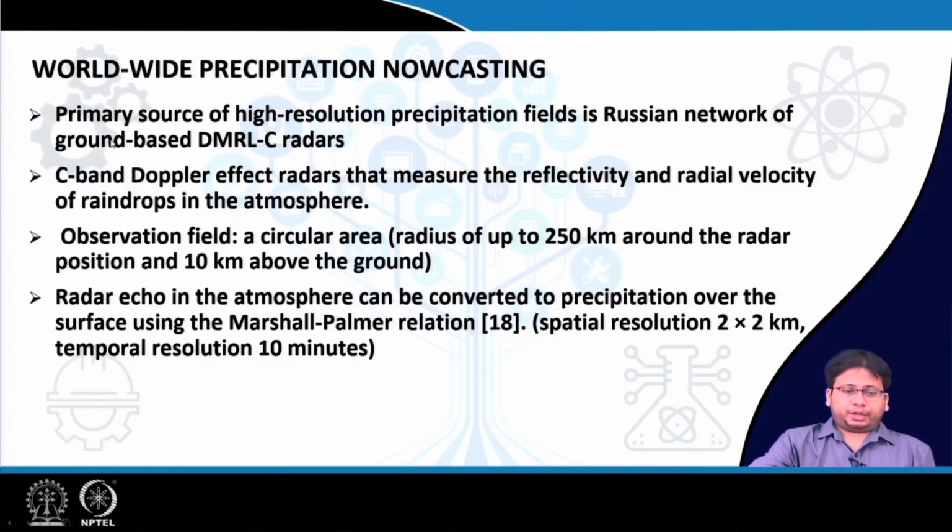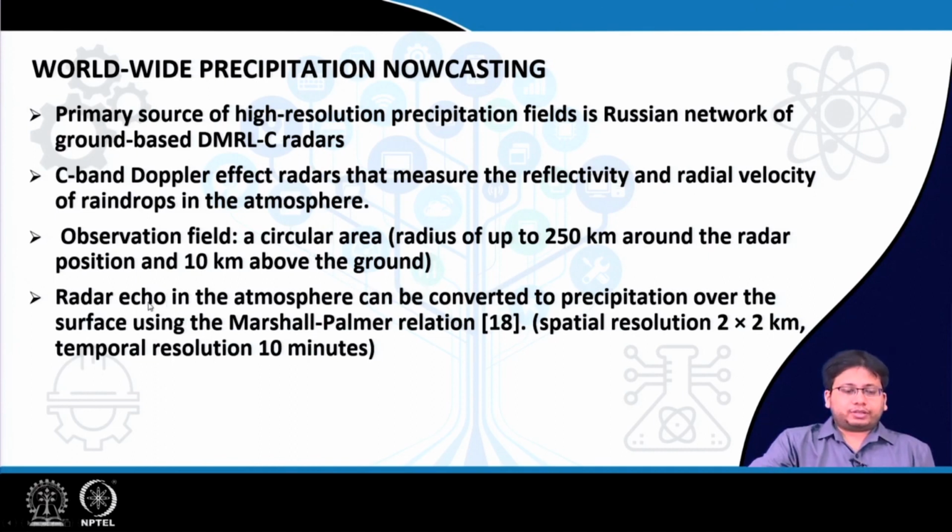In this case, the primary source of high resolution precipitation information is obtained from the network of ground based radars. These are C-band Doppler radars that measure the reflectivity and radial velocity of raindrops in the atmosphere. The observation field is a circular area with a radius of up to 250 kilometers around the radar's position.